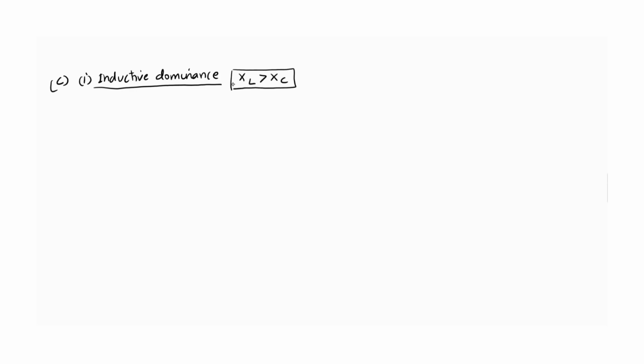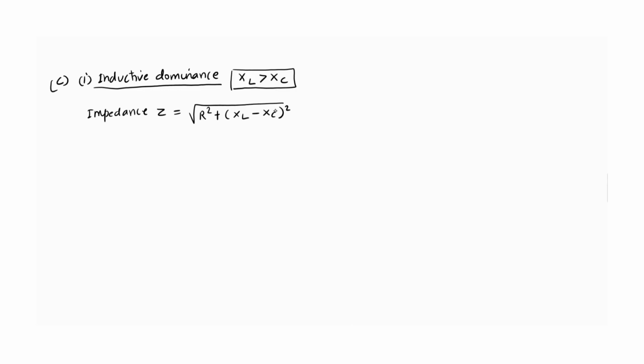Now we know Z, that is impedance, equals under root R square plus XL minus XC all square.